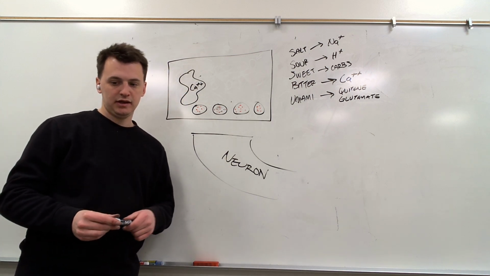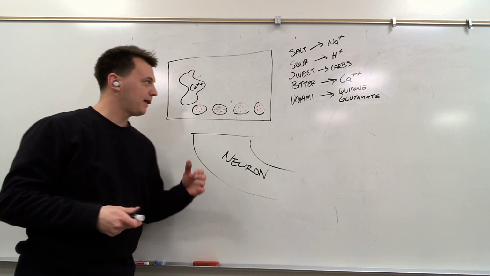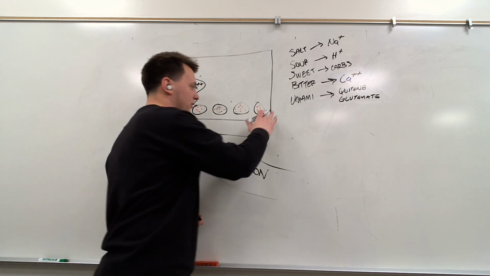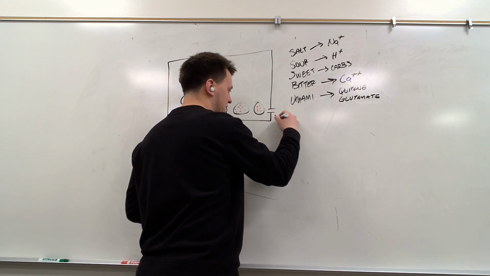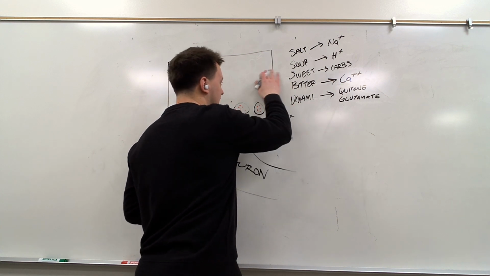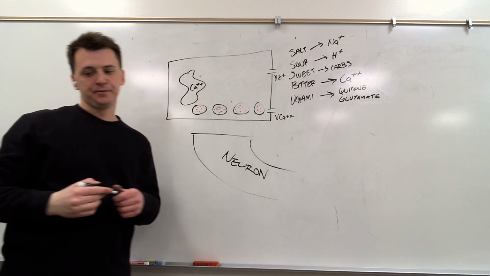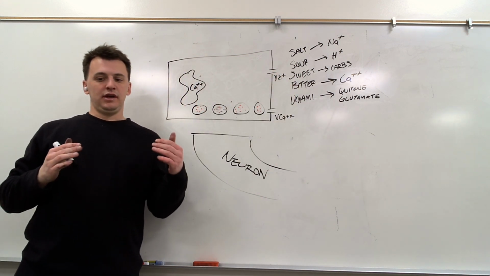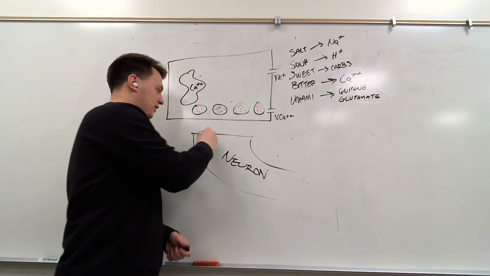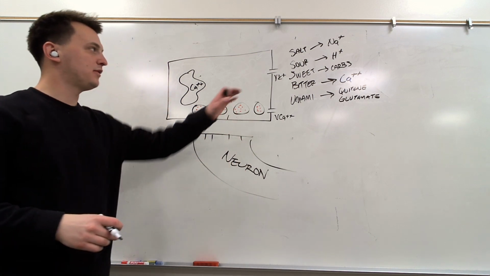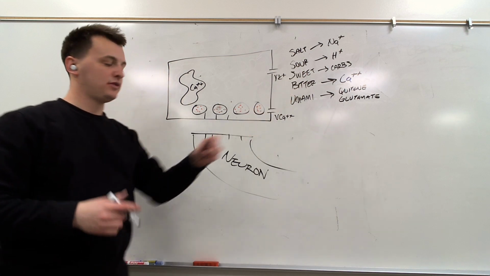So anyway, this is kind of the anatomical variation between the two. And then they have a voltage gated calcium channel, and they have a voltage gated potassium channel right there. And it just depends on whether or not it's a salt, sour, sweet, bitter, or umami.